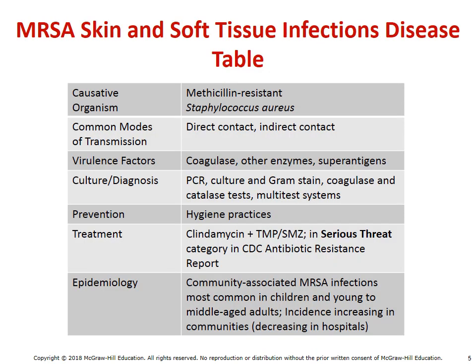So here's the summary of the MRSA skin infections. Whenever we look at these, notice their layout with causative agent, mode of transmission, virulence factors, prevention, treatment, epidemiology. The idea is again that review sheet that I post up in Canvas asks for these particular topics.